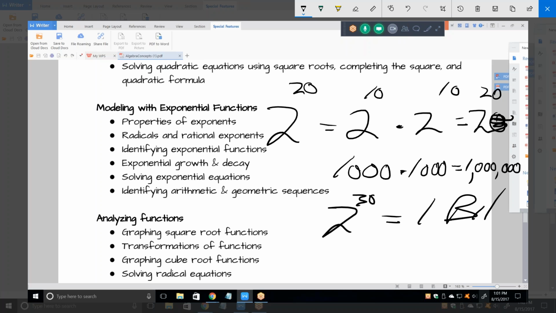Have you ever heard the story of the checkerboard that has 64 squares on it? And the guy wins a contest to marry the king's daughter. And the king says, okay, what do you want? I'll give you anything. And the guy says, I want 1 grain of rice on square number 1 of a checkerboard.